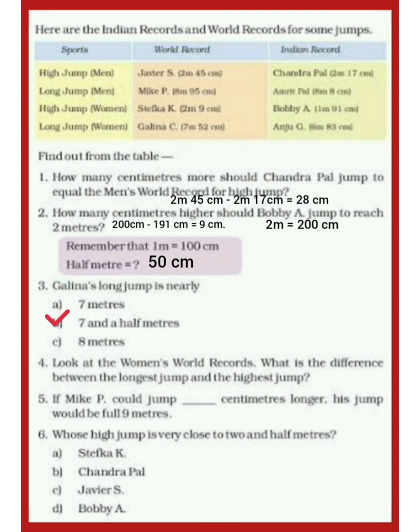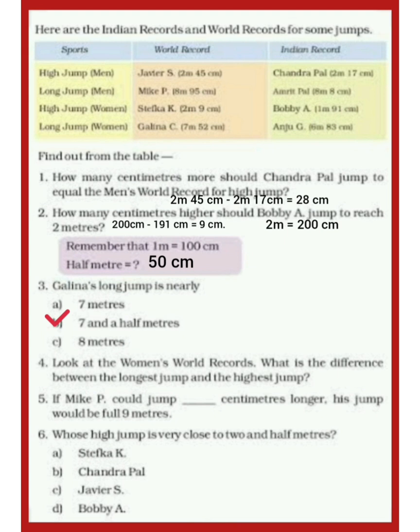Fourth question is, look at the women's world records. What is the difference between the longest jump and the highest jump? Dear students, look at the longest jump and the highest jump of women's world records only.